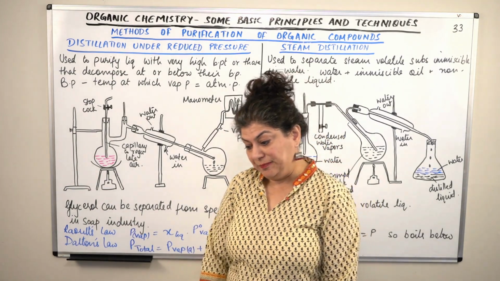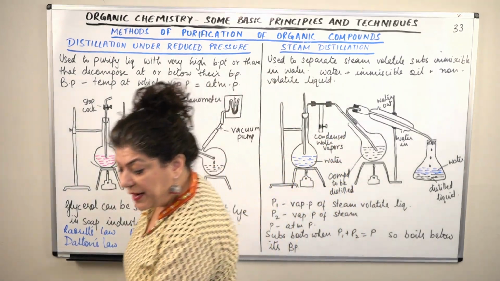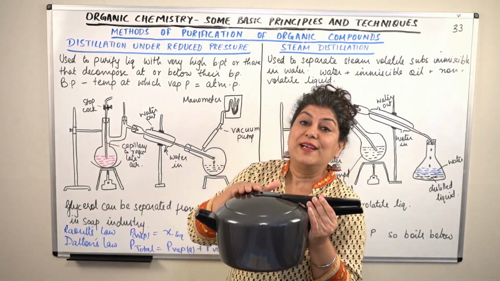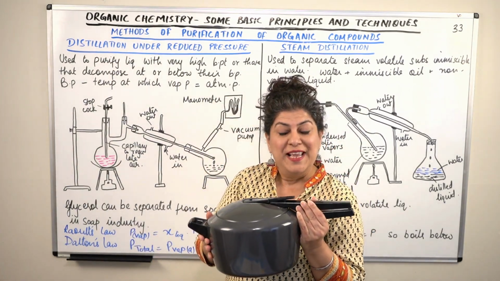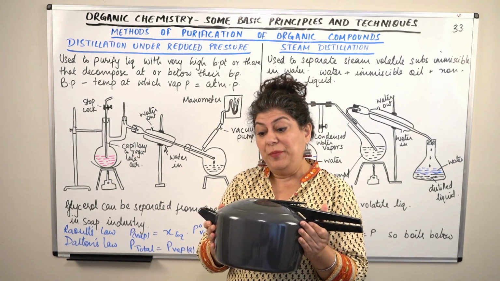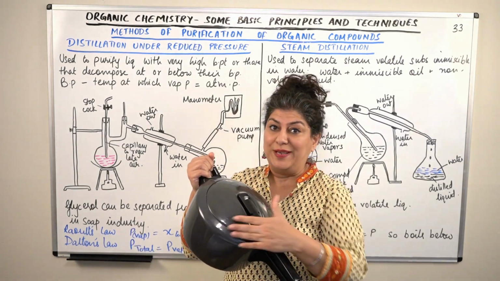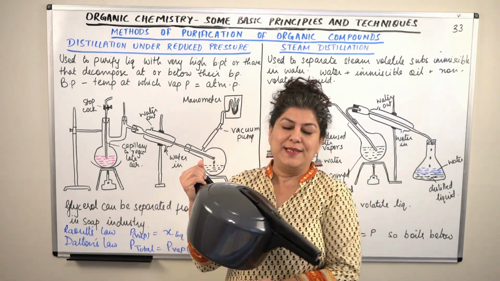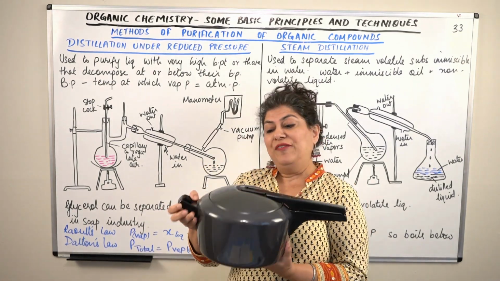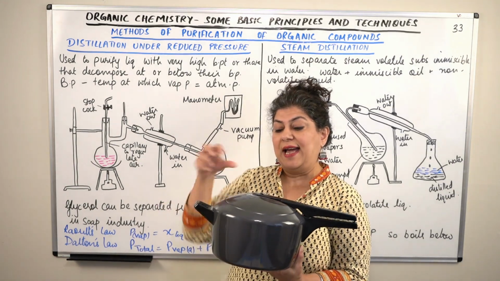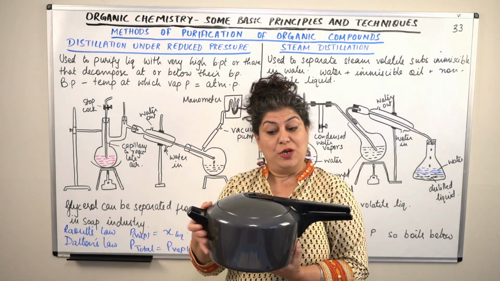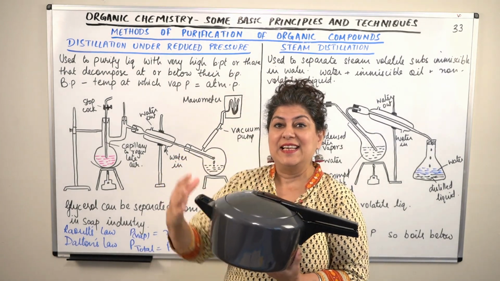In the case of a pressure cooker that we use for cooking, why does food cook faster in a pressure cooker? It cooks faster because it is a sealed vessel. Let us say I'm boiling potatoes. I add water and the potatoes and I start heating the pressure cooker, and the lid is sealed.